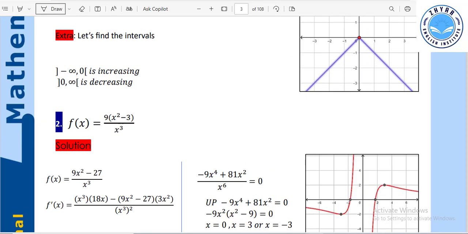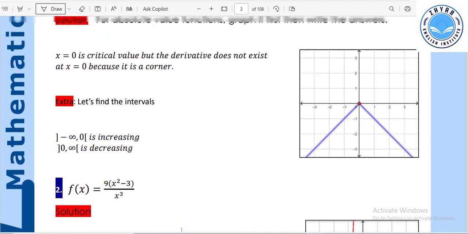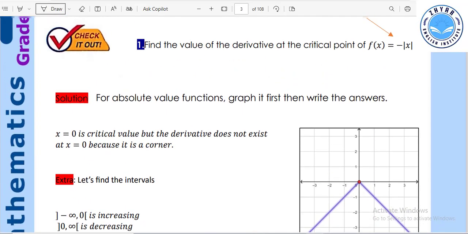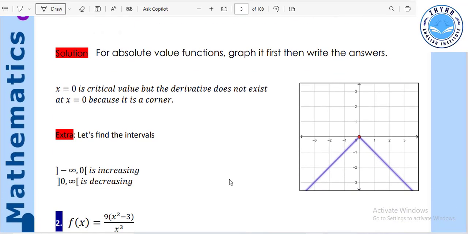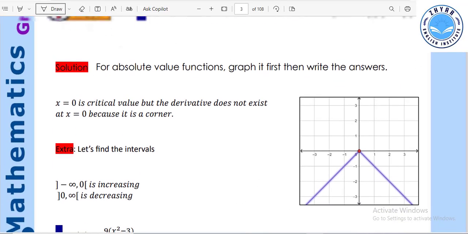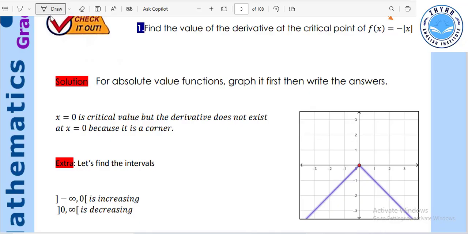So for the graph of negative absolute value of x, negative absolute value of x has a graph, an upside down V shape. The absolute value has x inside, so if we write x equal to 0, this is directly the answer. We don't need to simplify it anymore.